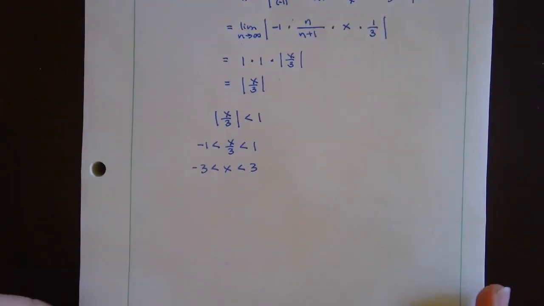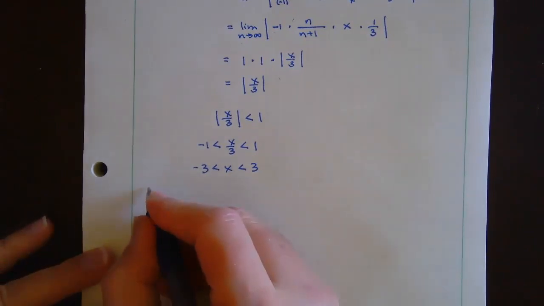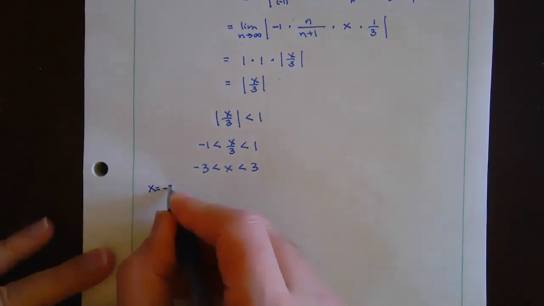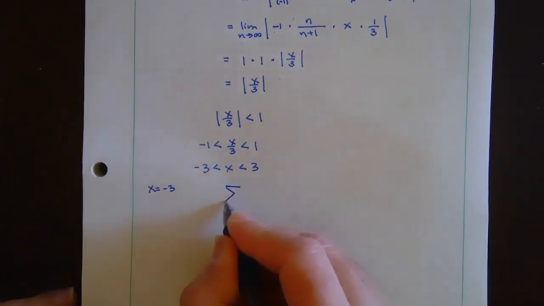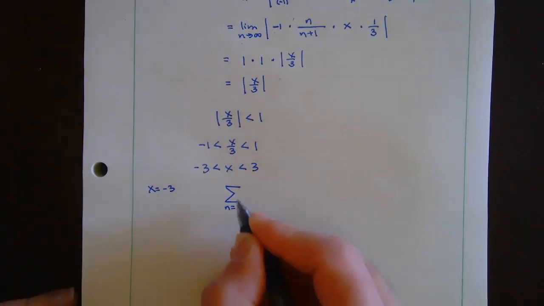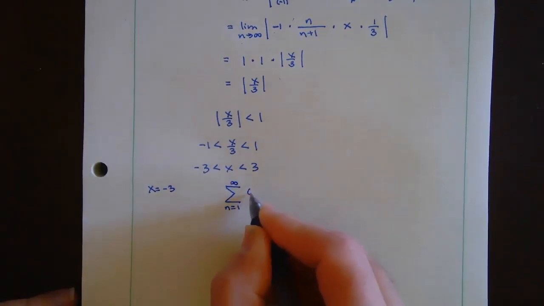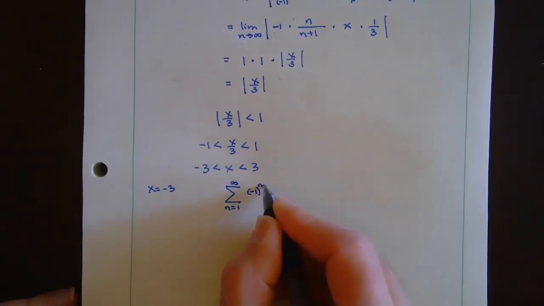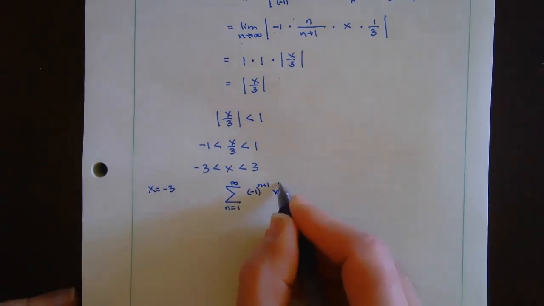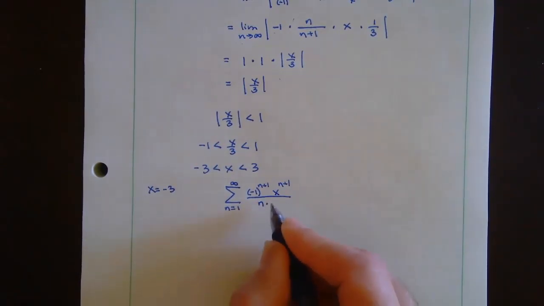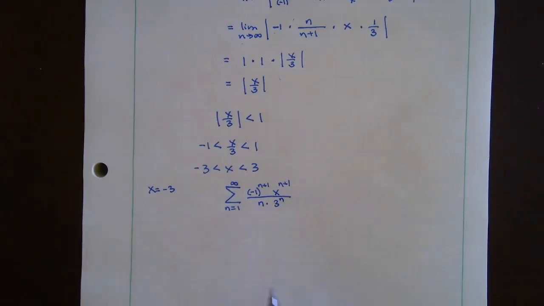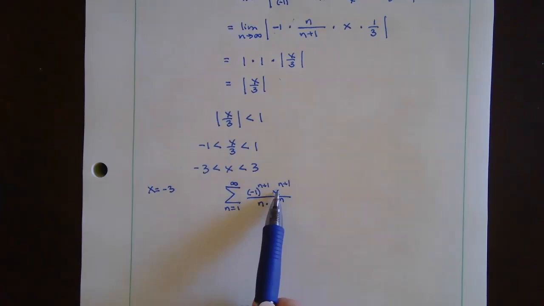Okay, so when x equals -3, remember our series was the sum from n equals 1 to infinity of (-1) to the n plus 1, x to the n plus 1 over n times 3 to the n. So when x is -3, that goes right where my x is.